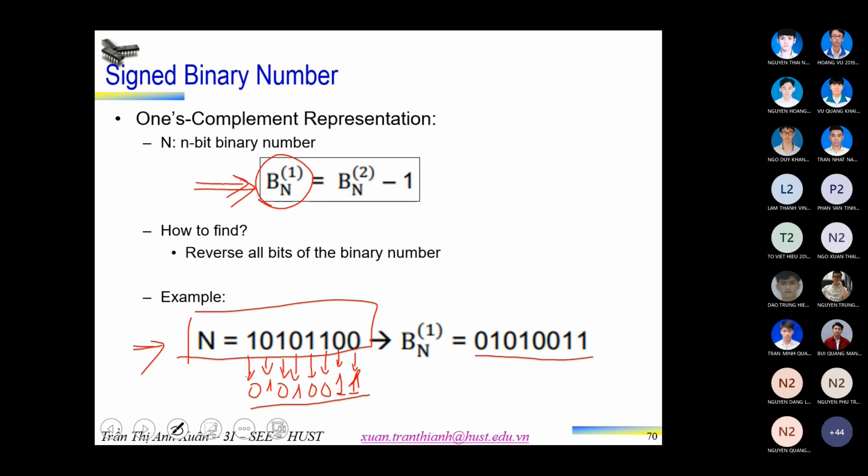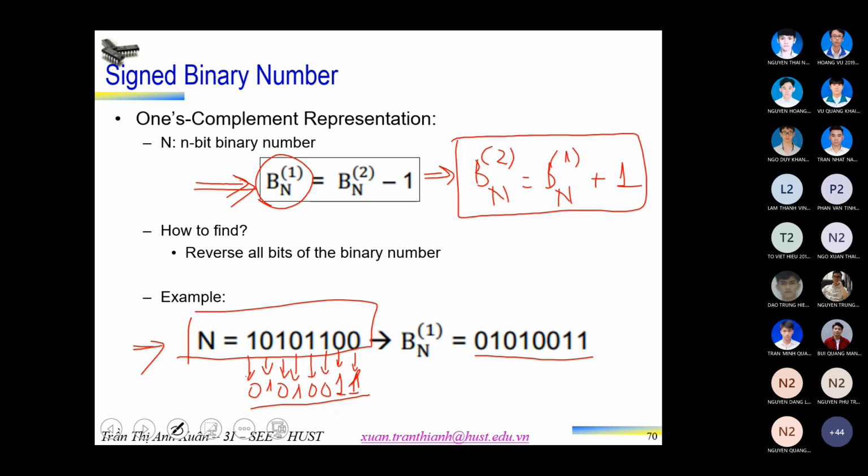And so from this formula, we see that the two's complement representation can be calculated from the one's complement representation. That means the one's complement plus 1.